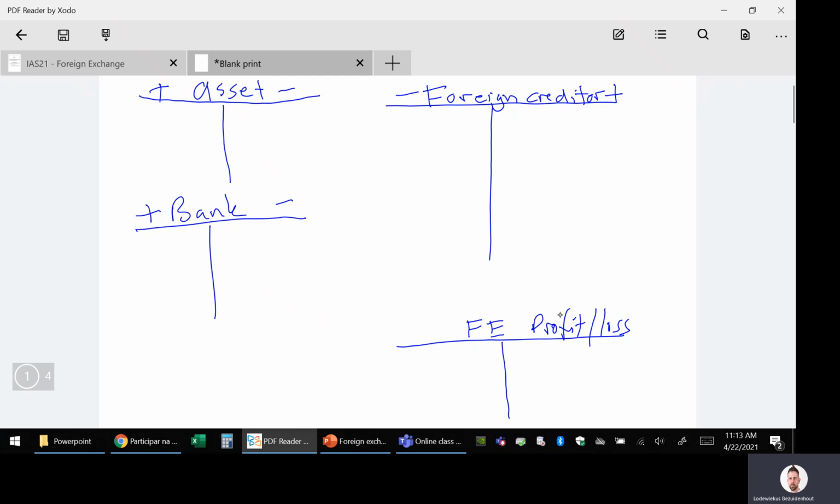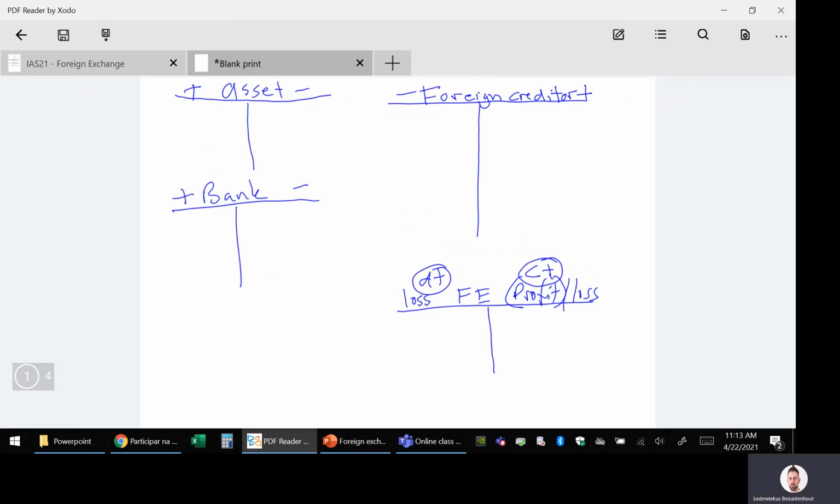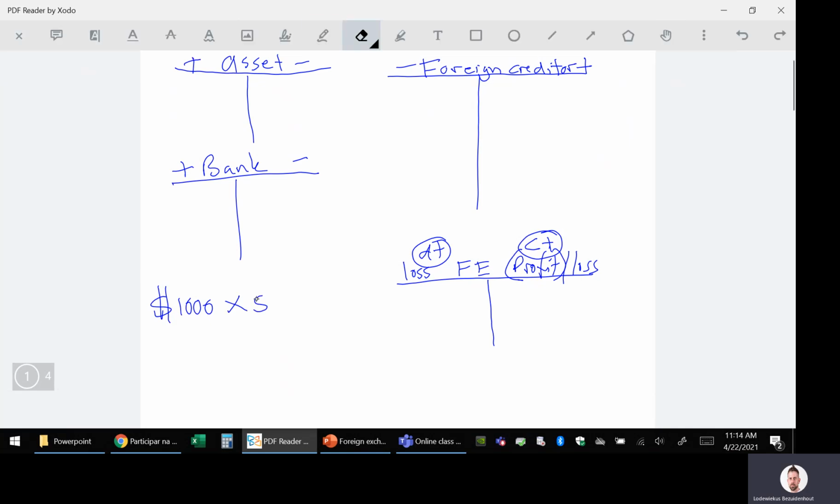So profit is always on the credit side, and a loss will be on the debit side. All right, we have $1,000, and the transaction rate on the transaction date was 7 Rand to the dollar, so we have to convert it at that rate.